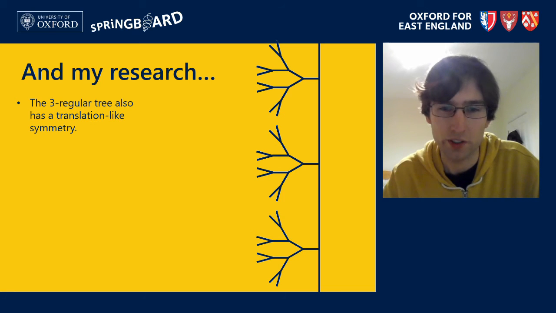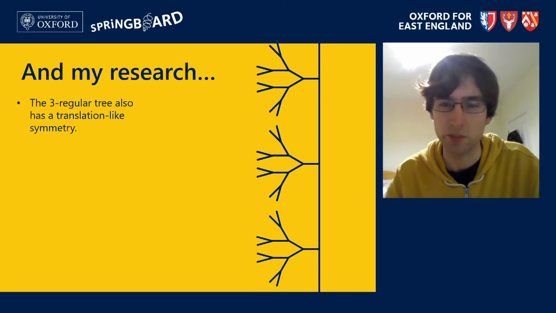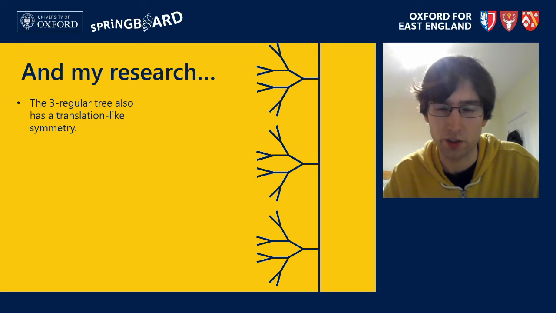So I've drawn it so that it has an infinite vertical line, and then infinitely many subtrees that branch off to the left. But this really is still the same tree. It still has the property that every vertex meets exactly 3 edges. All I've done is change the way I've drawn it. I've changed the angles and lengths of the edges, but we still consider this to be the same shape.